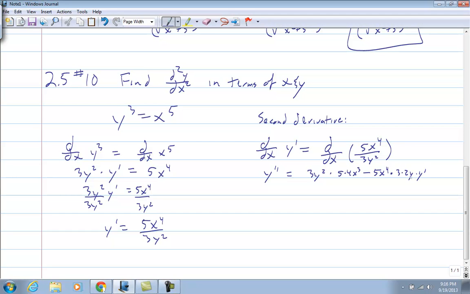Remember, anytime we do a derivative with a y, because we're taking the derivative with respect to x, we have to do the y prime. All over 3y squared squared.